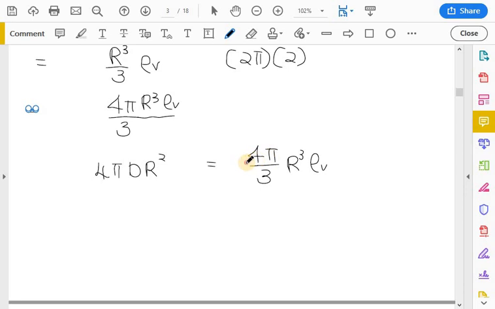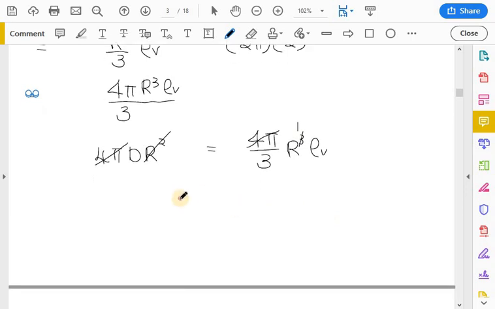So what can you do? Here you cancel it. Cancel 4 pi, this one becomes 1. So your D will be R rho v over 3.